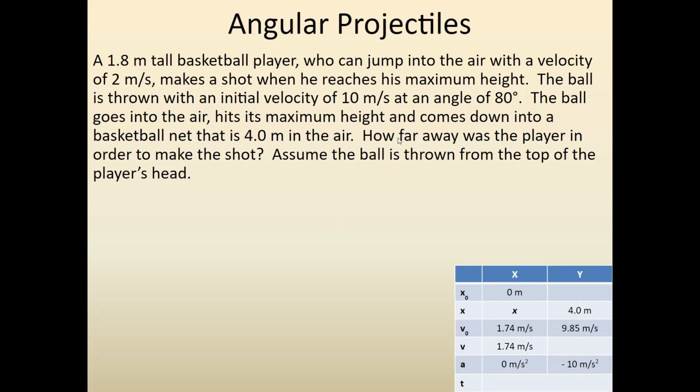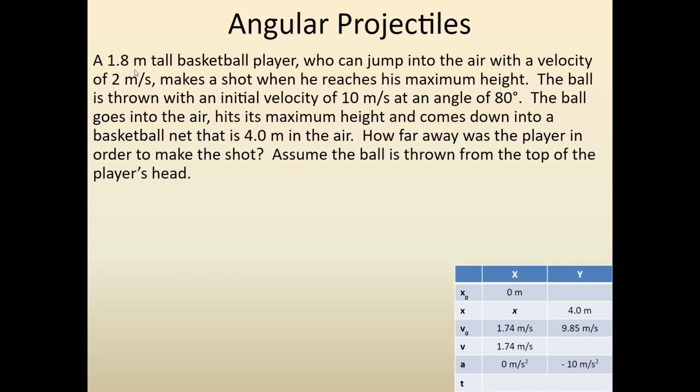We're told that the ball is being thrown from the top of his head, but he also jumps straight up into the air. So the height that the ball ends up being thrown at in the beginning is not the 1.8, it's something else. So this is actually two problems in one. I have to do a side problem first before I can move on to the main problem.